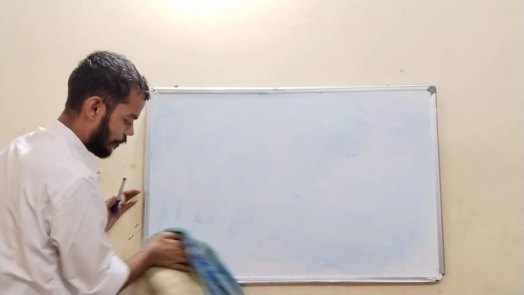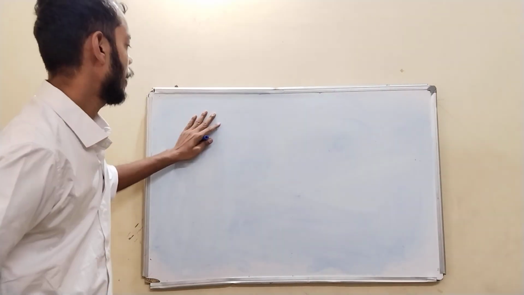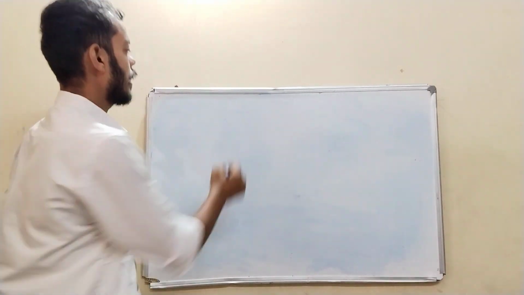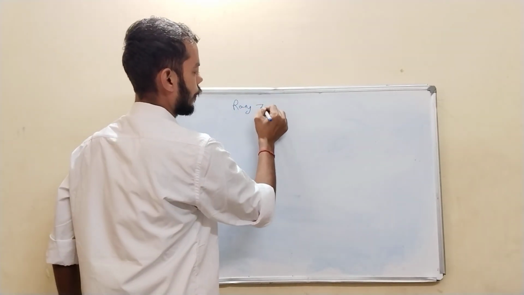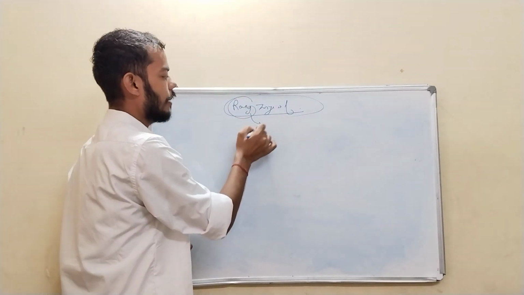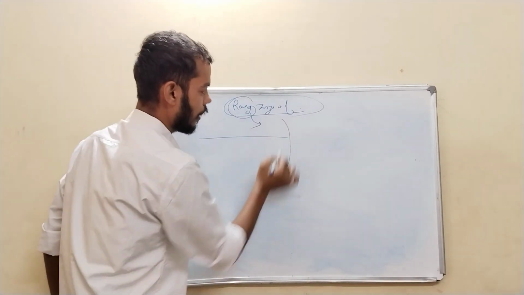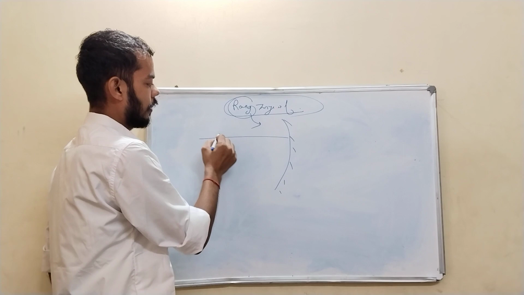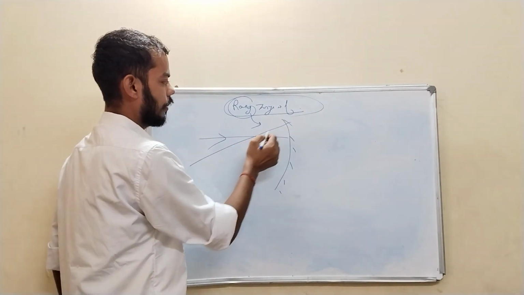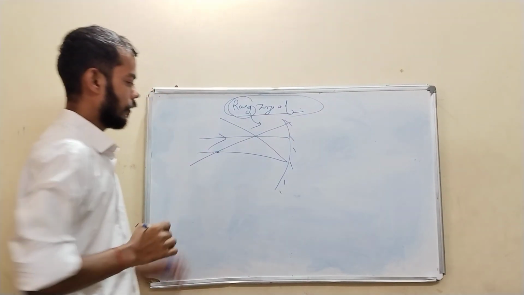So let's see some basic predefined rules for forming the ray image. Before moving to how the ray image is formed, the name itself suggests ray image. Suppose this is the concave mirror and two rays.